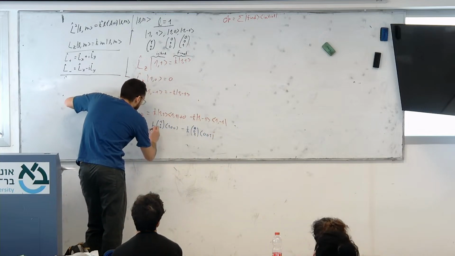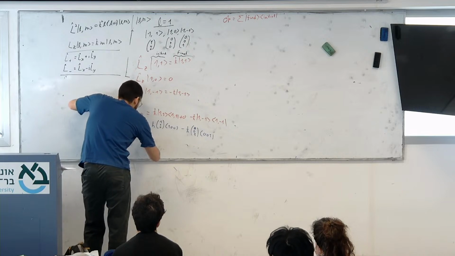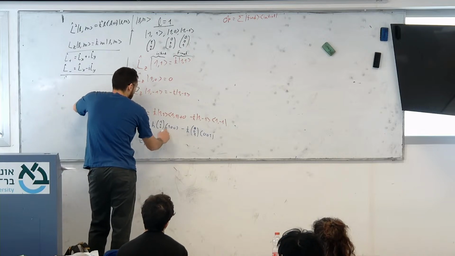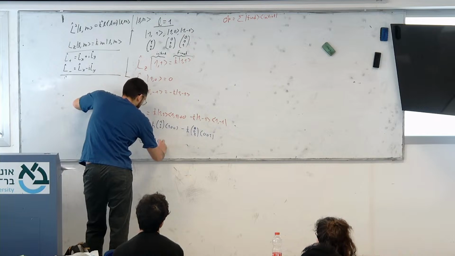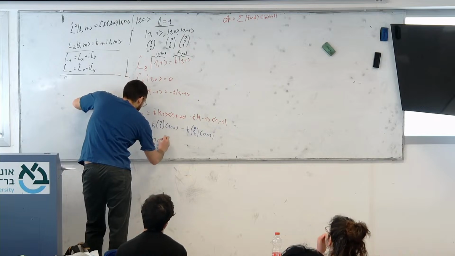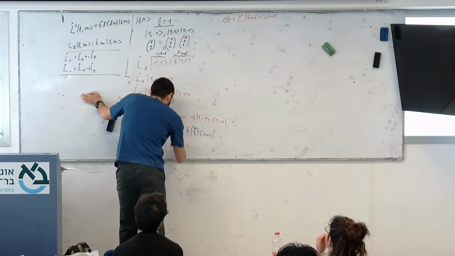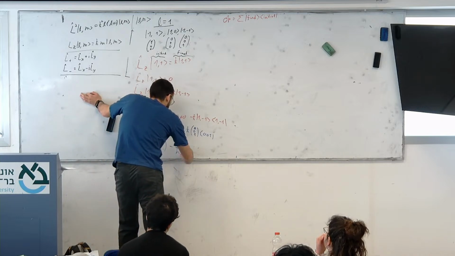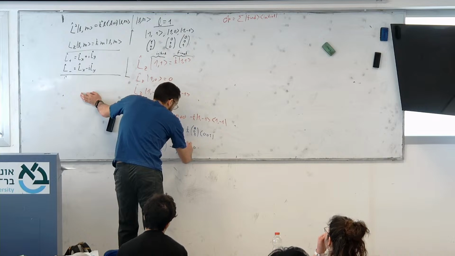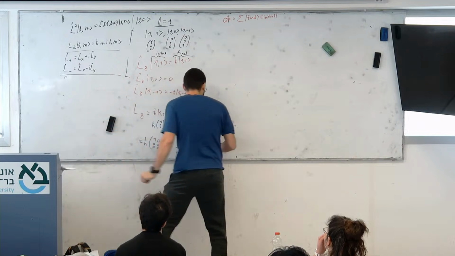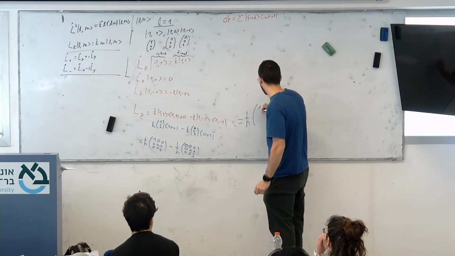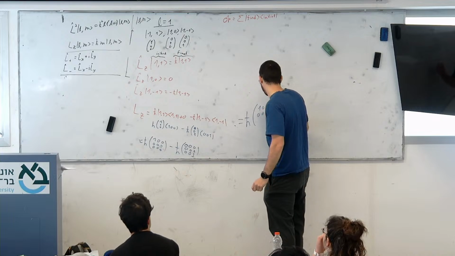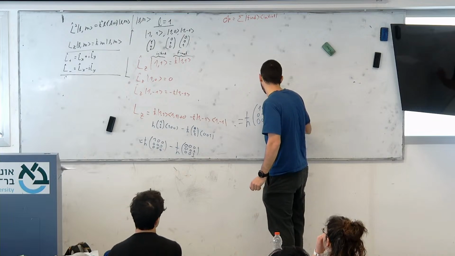This product gives me a 3 by 3 matrix where everything is 0 but the first term. And this gives us another 3 by 3 matrix where everything is 0 but the last term. Overall we get h bar times 1, 0, 0, 0, 0, 0, 0, 0, minus 1.